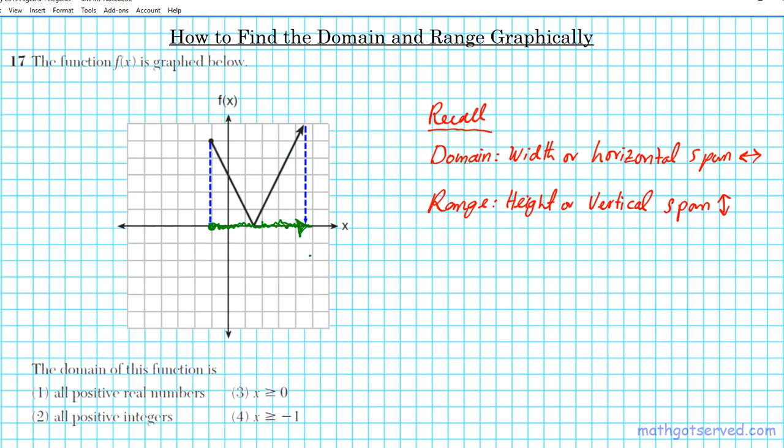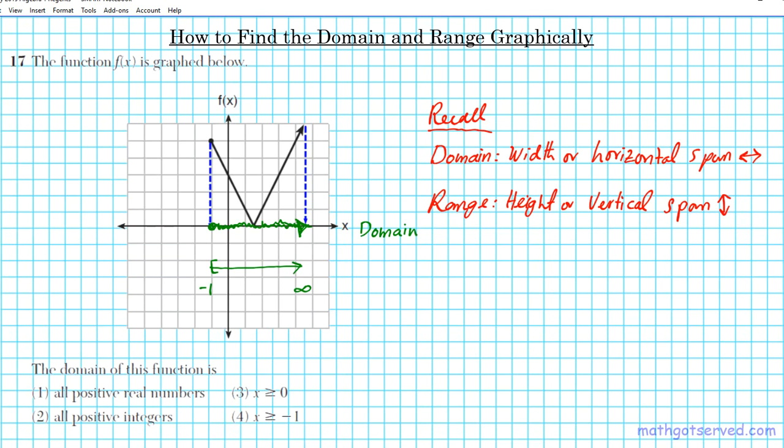No matter how far you go to the right, you will have a shadow being cast because the function keeps on going. So if you take a look at this number line we just drew, going from -1 all the way to infinity, that is the domain of our function.